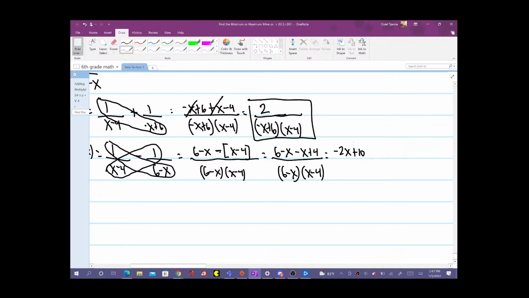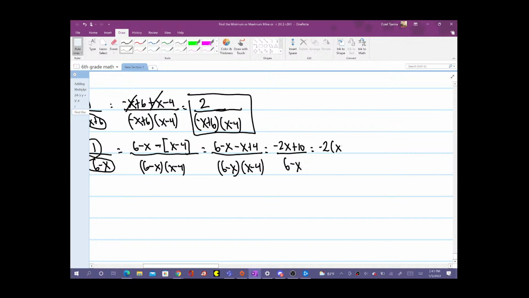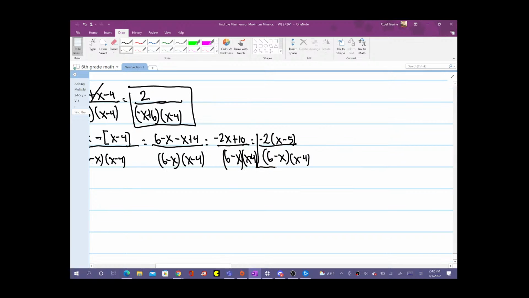This then becomes negative 2 times the quantity x minus 5 over 6 minus x times x minus 4. And I meant to put times x minus 4 over here as well. But this is your final answer for this one.